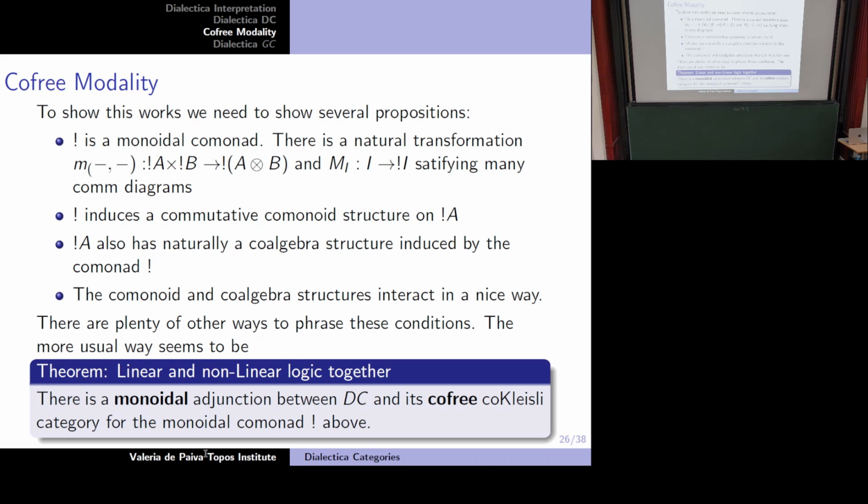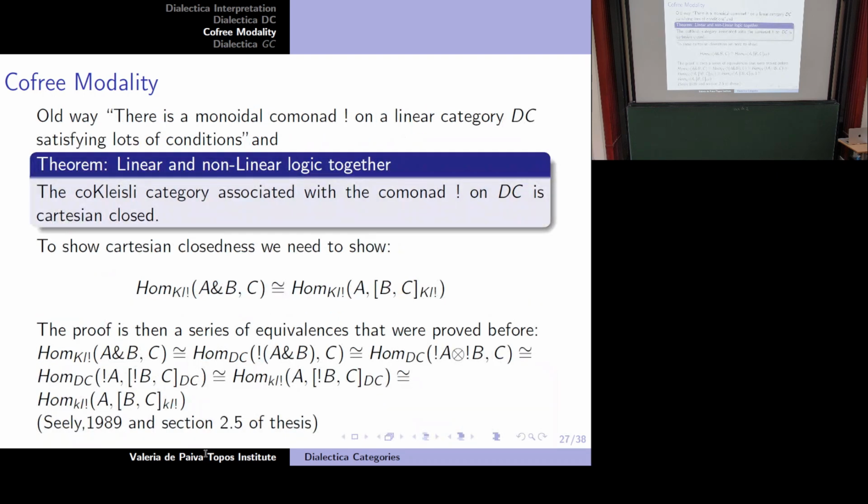So there's a more modern way of thinking about that, which is to say that there is a monoidal adjunction between the category that you're thinking of and its co-free co-Kleisli category. But this model satisfies all the definitions of existence of bang that you might want.